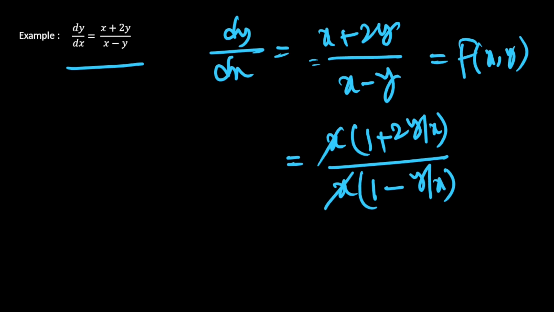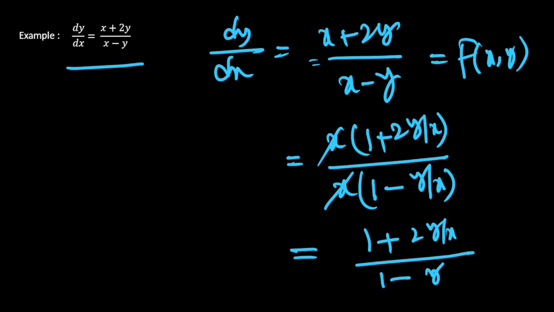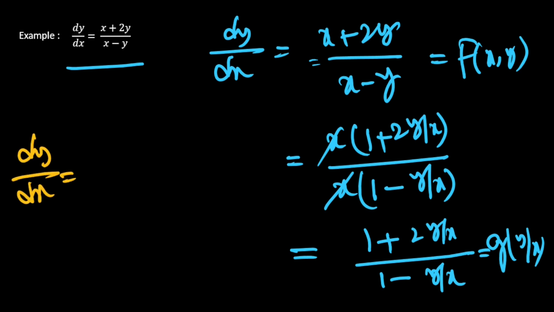So this x and this x are cancelled, so that is (1 plus 2 y over x) over (1 minus y by x). This we can write as some function of y by x. Therefore our dy dx is a function of y by x. So here the method of substitution is applicable.